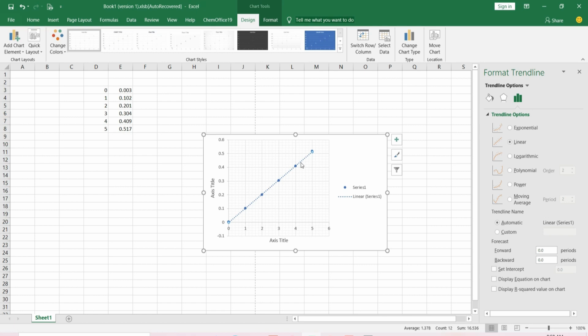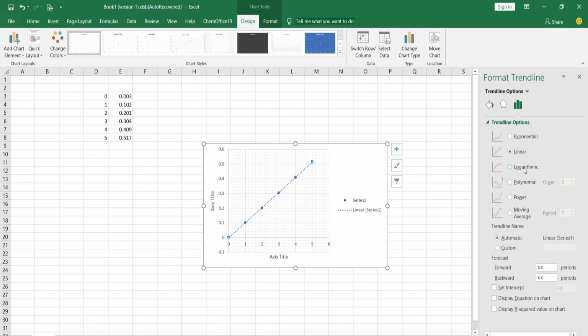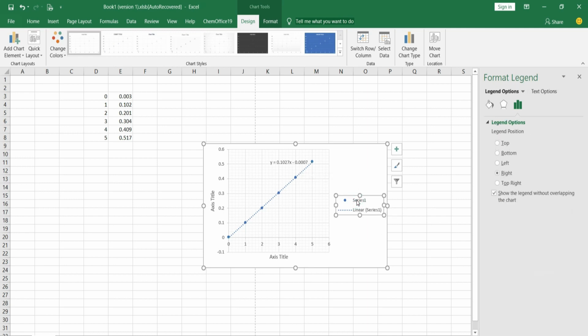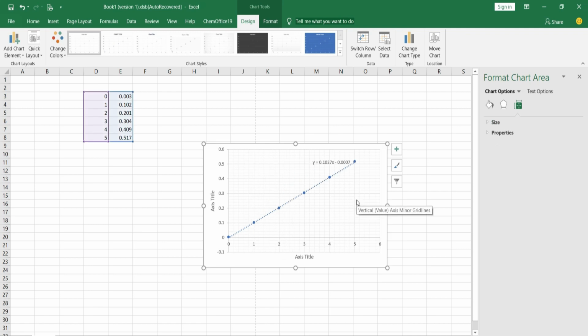Now you have the straight line here. On your right hand side, you can choose a suitable option that you need. In this case, we need a linear straight line, and we also need the equation. We know that this is y equals mx plus c. I don't need this other information, so I'm going to delete it.